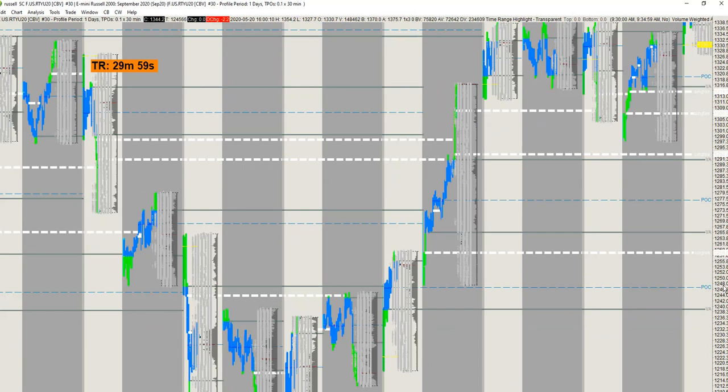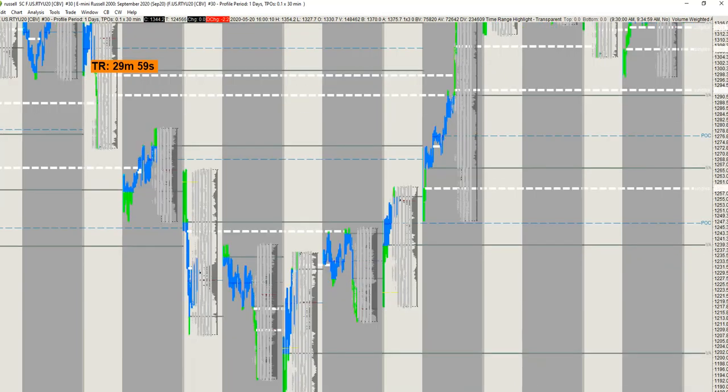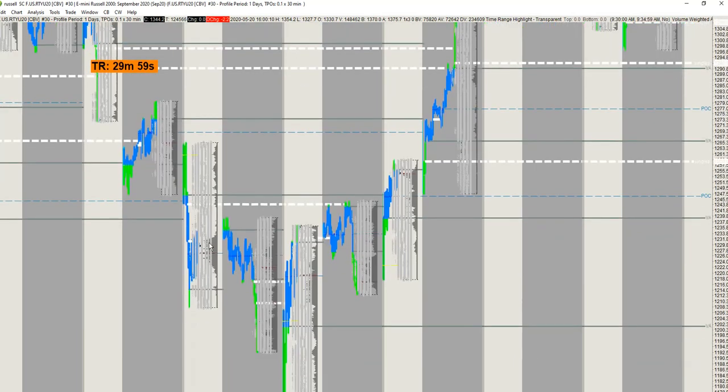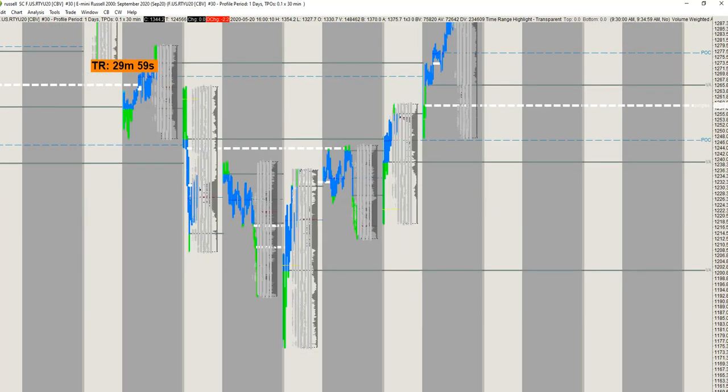Okay, so we had value that was high here on the 12th of May, lower here, and overlapping lower, right? This is where you want to see a change come in, okay?